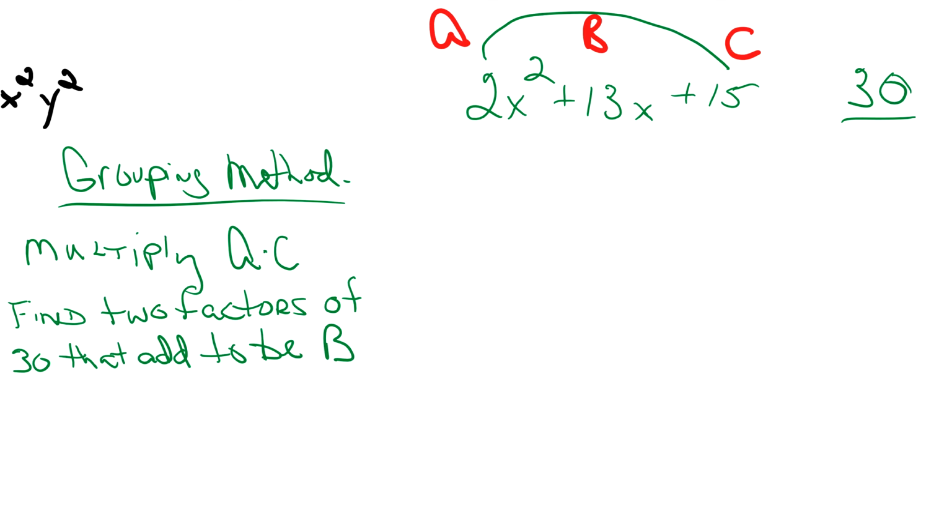All right, so if that's the case, find two factors of 30 that add up to be 13. Well, in that case, it looks like it's 10 times 3. 10 times 3 is 30. 10 plus 3 is 13. So those are my two factors as I'm going about doing the grouping method.